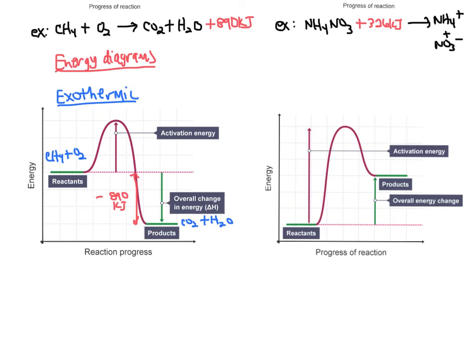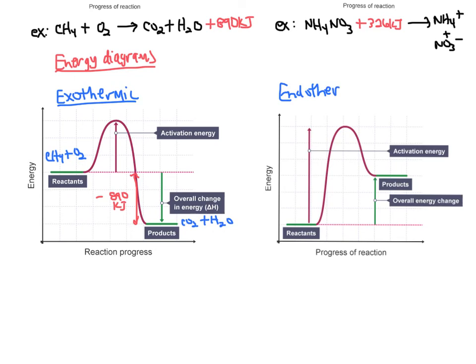For a roller coaster to happen, you have to give it a whole bunch of energy and then it can be a roller coaster. And the same is true for a chemical reaction. They all have a certain input of energy called activation energy. But what I want you to focus on is that your reactants are here, your products' energy are down here, which is a decrease or a loss of energy. So it's exothermic.